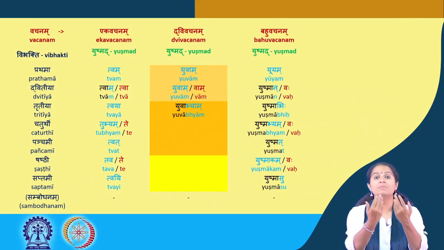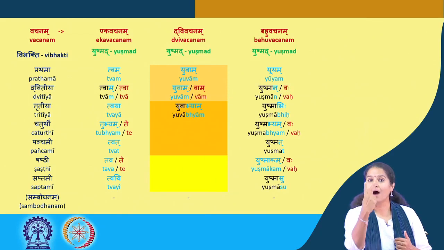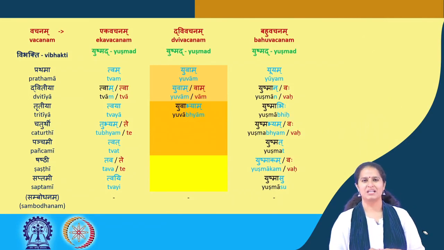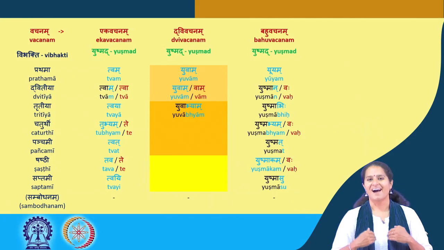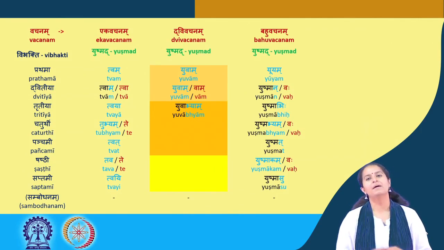Next, I am seeing the two of you will become Aham Yuvam pashyami. Say that. Aham Yuvam pashyami. I speak Sanskrit with you. Aham Yuvam Sanskritam vadami.